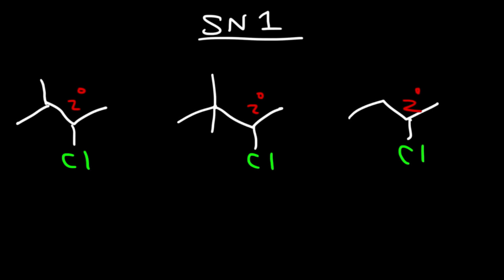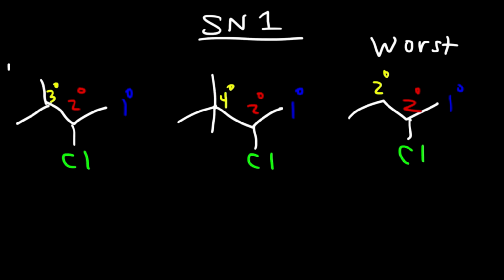And on the right, they're all next to a primary alkyl halide. But on the left, it's different. Here we have a secondary carbon, here is a quaternary carbon, and this is a tertiary carbon. So right now, this is going to be the worst for an SN1 reaction. Even though they're all secondary alkyl halides, this cannot undergo a rearrangement.